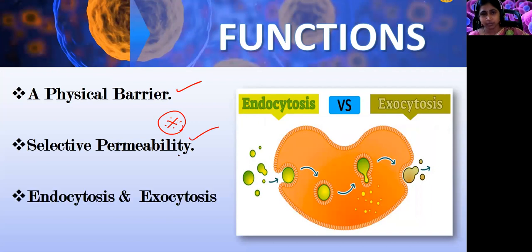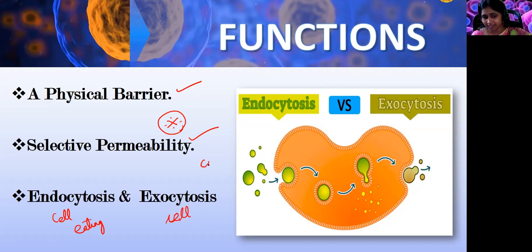Another process, coming in and going out, scientifically we call exocytosis and endocytosis. Exo means out, exit; endo means enter, entry. These two are the major processes: endocytosis, cell eating, and exocytosis.